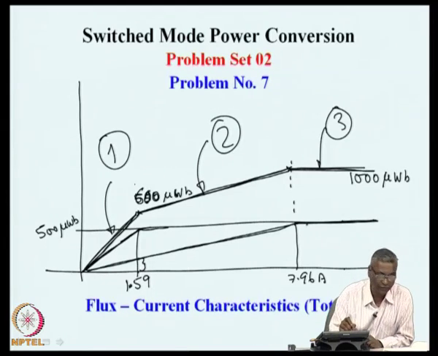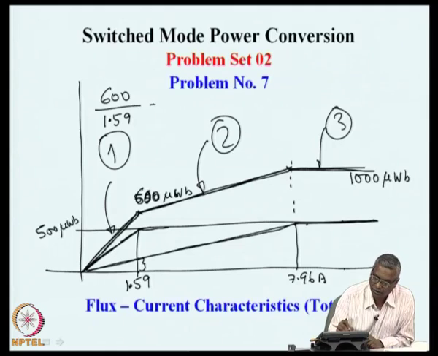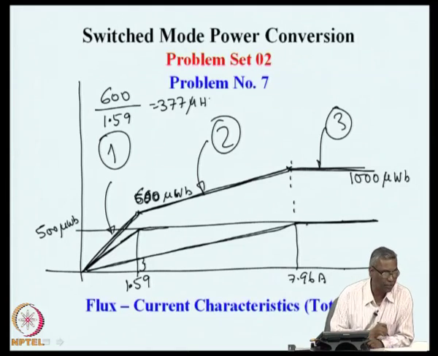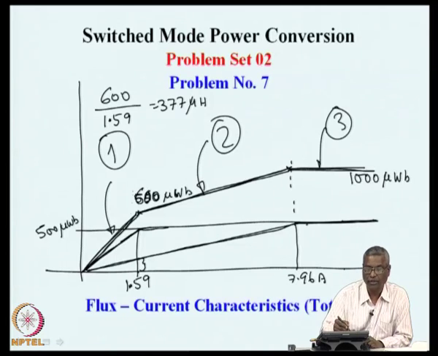So, in this region it is 600 divided by 1.59 and that is 377 microhenry. The inductance is now more, it is more than 314 plus the other one. So, practically both of them got added because the flux has increased and current remains the same.